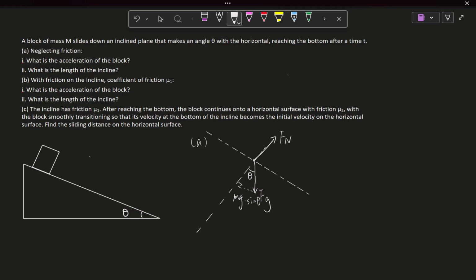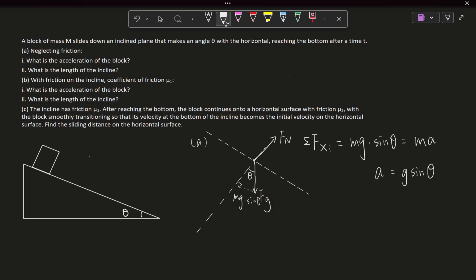Now let's write the net force equation for the direction along the incline, which is this direction. We can write net force Fx along the incline is equal to mg times sine theta, and it is equal to ma, which gives a is equal to g sine theta.